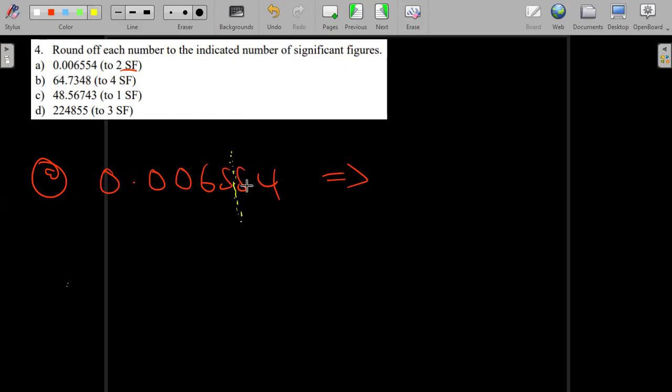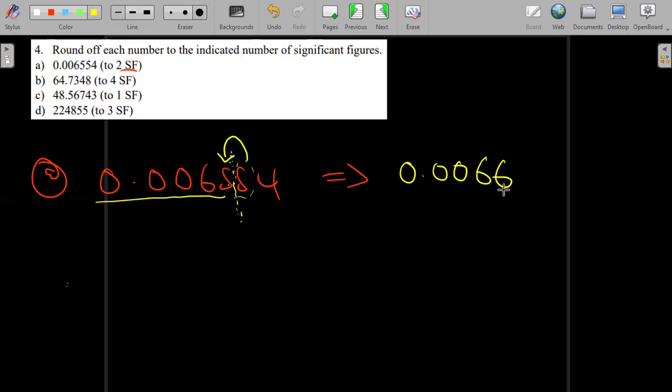I'm going to ask myself, is this number here greater than or equal to 5? If it's greater than or equal to 5, I'll add 1 to the next number. If it's not, I'll just leave this number the way it is. So if we round off this number to 2 significant figures, it's just going to be 0.0066, because this 5 here is equal to 5. So we add a 1 to this guy, and it's going to become this.